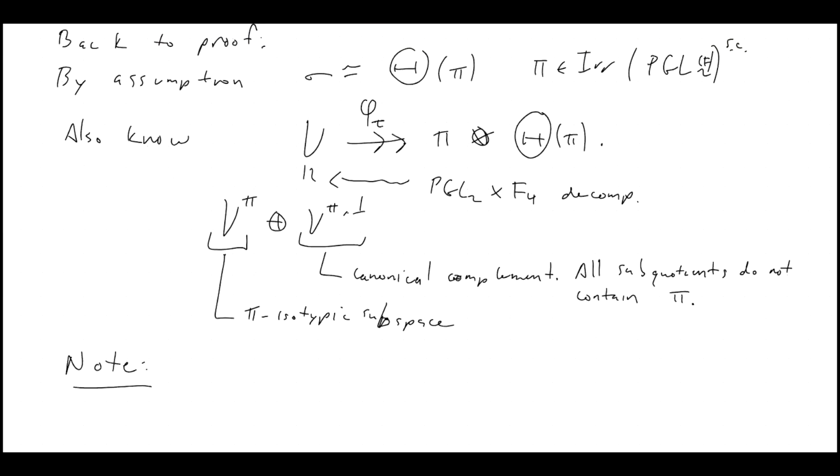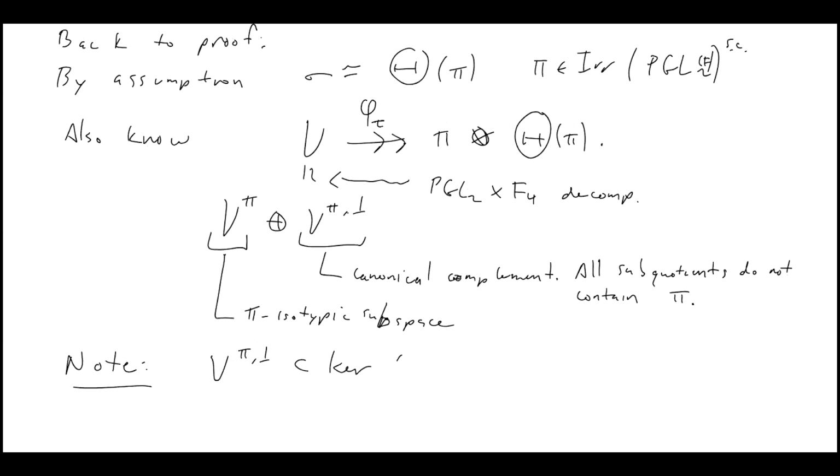So note this phi sub tau maps onto the maximal pi isotypic quotient. And so the canonical complement of the pi isotypic subspace must be contained inside the kernel of phi.